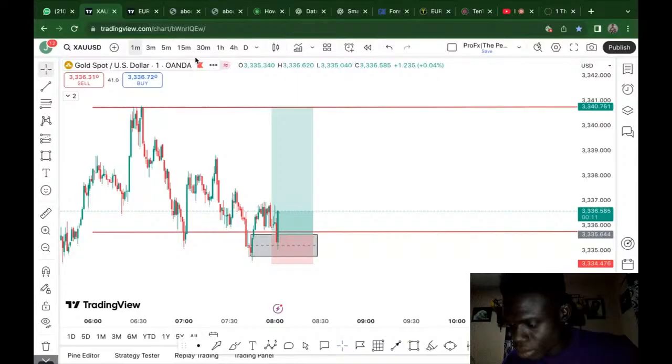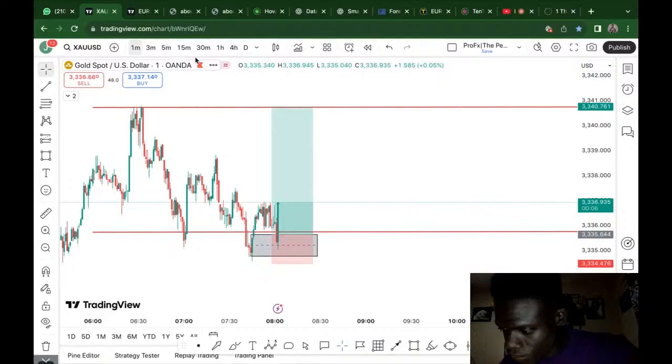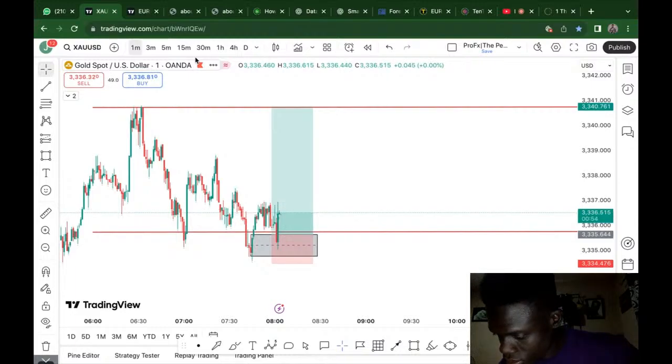So now I can use my main risk. 0.1, 0.1.